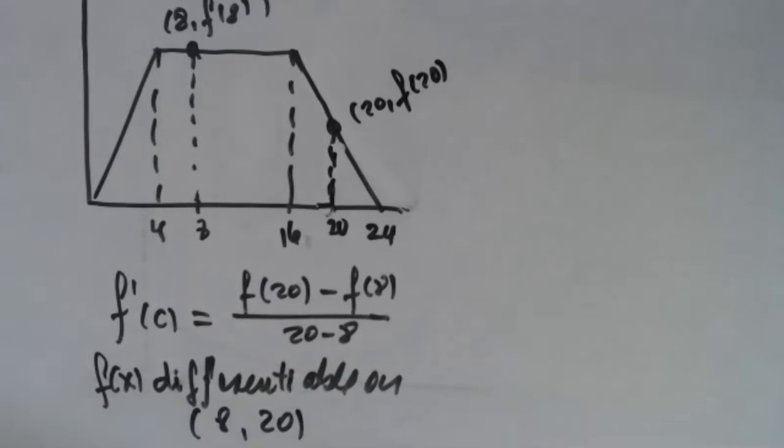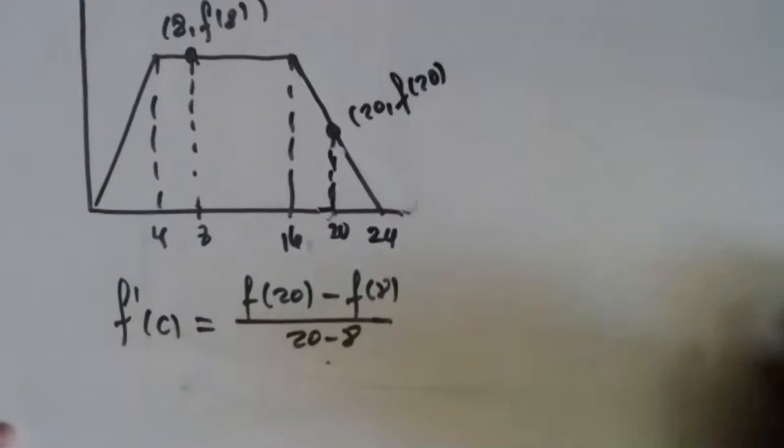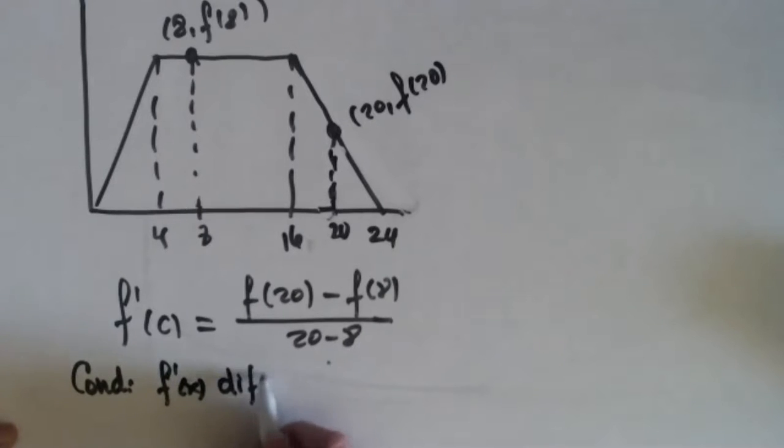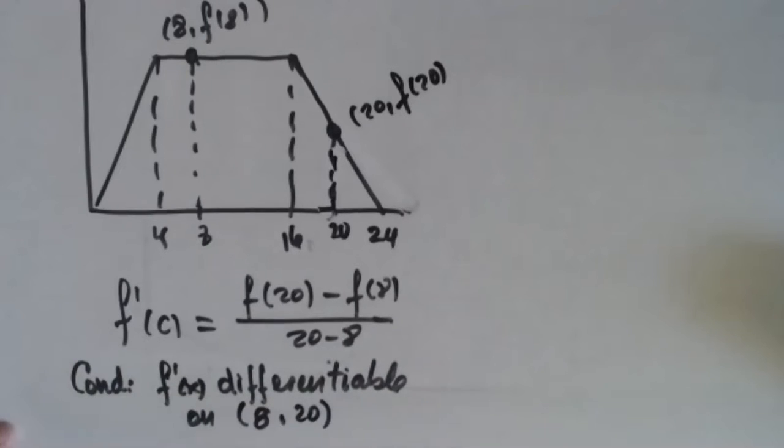Now, let me write better. The condition is f of x differentiable on (a, b), or in this case, (8, 20).